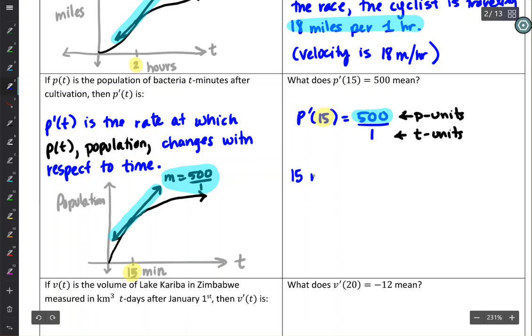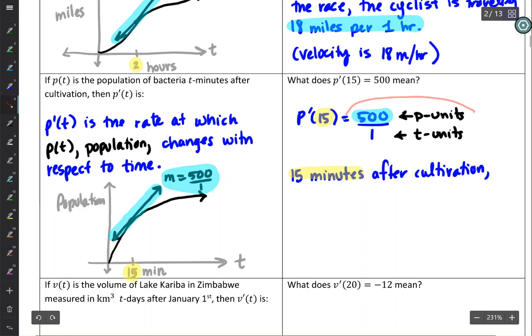So 15 minutes after cultivation, what's true? My population's rate of change is 500 over 1. And I think I want to say that that's positive 500 over 1. So what does that mean? This is positive, my population is increasing at a rate of 500 bacteria for every 1 minute.